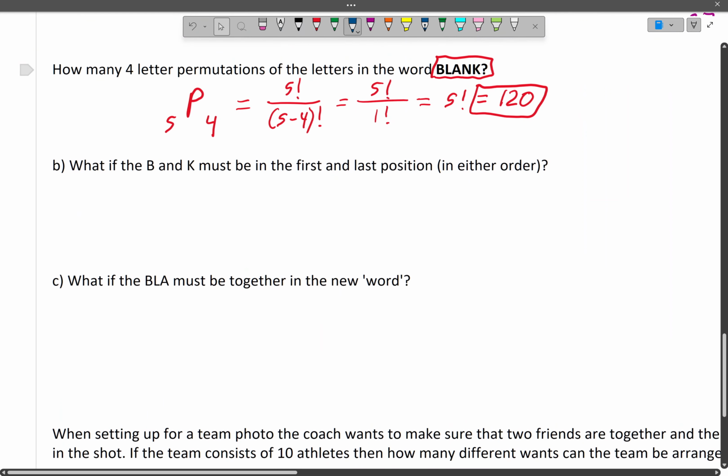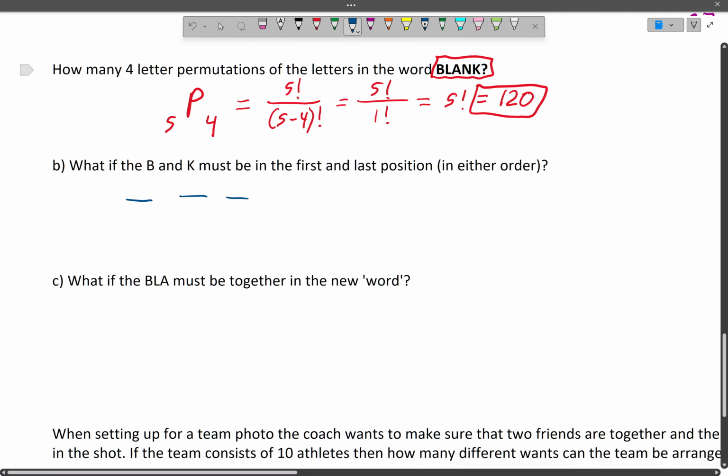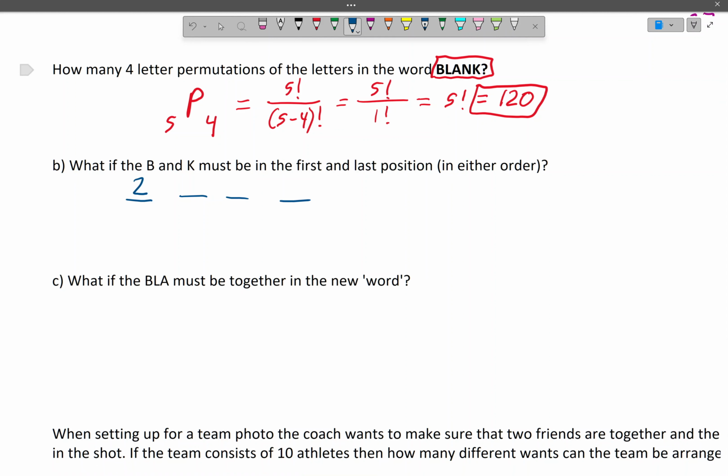But what if we make a restriction? So what if B and K must be in the first and last position in either order? So now it's 1, 2, 3, 4 options, but there's only 2 options for the first position, B or K, and then once we've chosen one, there's only 1 option for the last position.